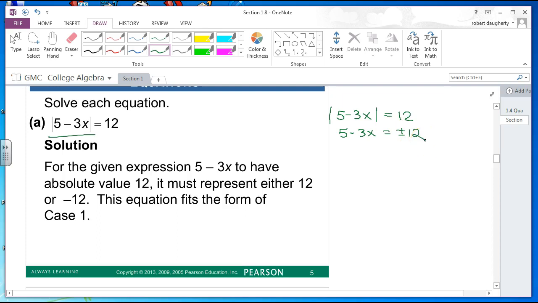So I'm finding where 5 minus 3x is a distance of 12 away from the origin. Well, it could be positive 12 or negative 12. So that's how I get this plus or minus. Now it's just solve this equation for x. So I have negative 3x is equal to negative 5 plus or minus 12.